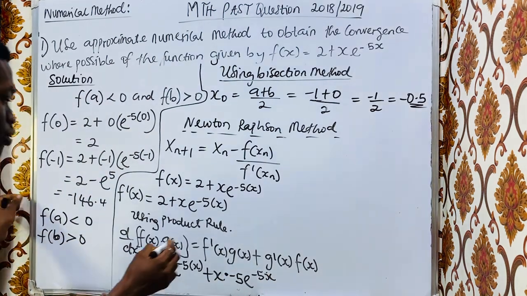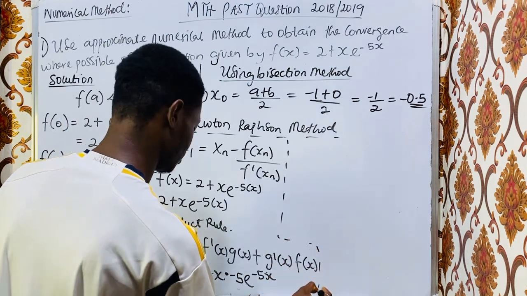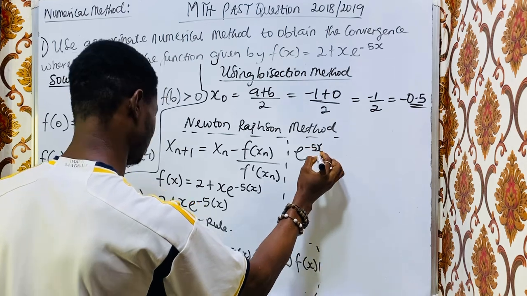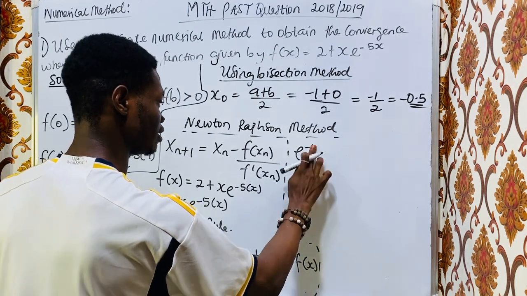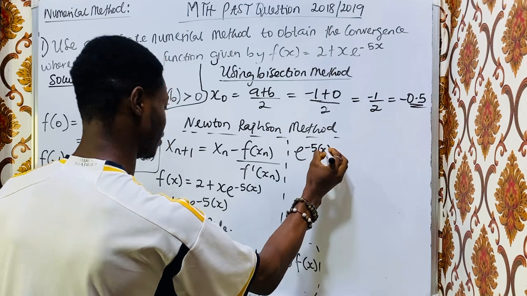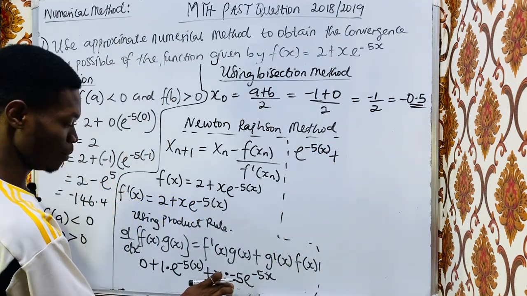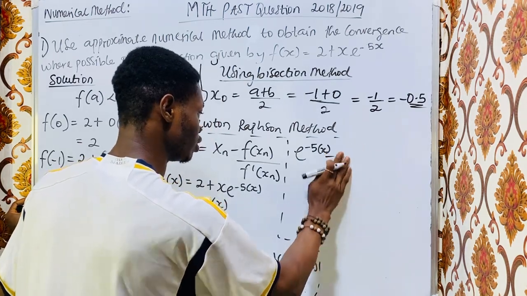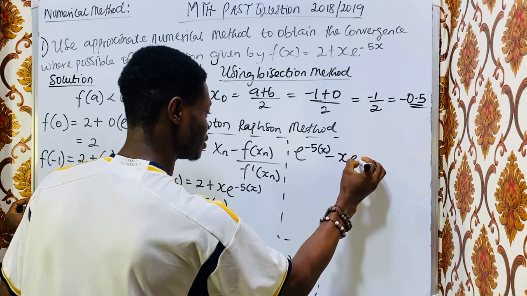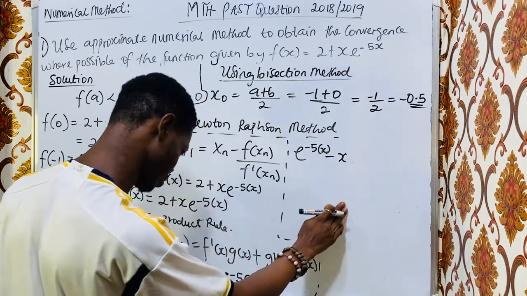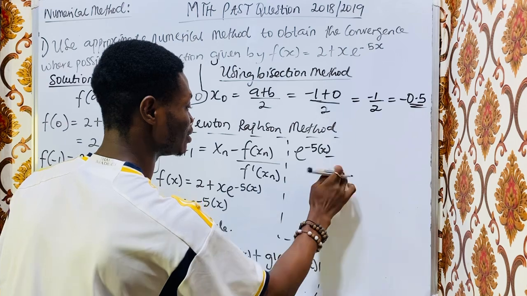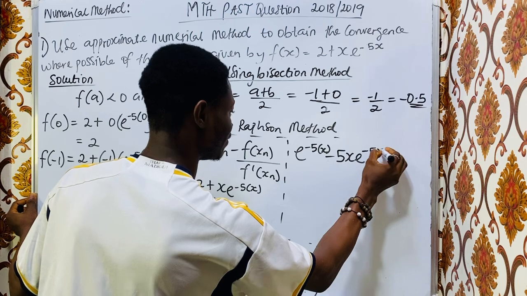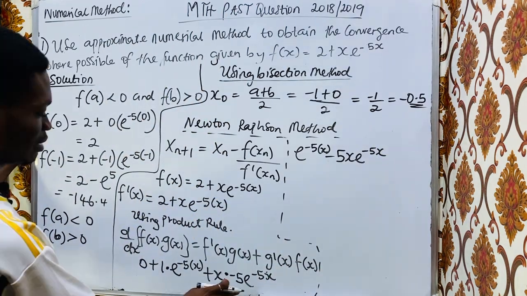That's the differentiation. So let me complete it here. So we are going to have 1 times this will give us exponential negative 5x, times x, then plus, so minus 5 times all this thing here will change to minus 5x exponential negative 5x, like this, because this time this will still give us this.